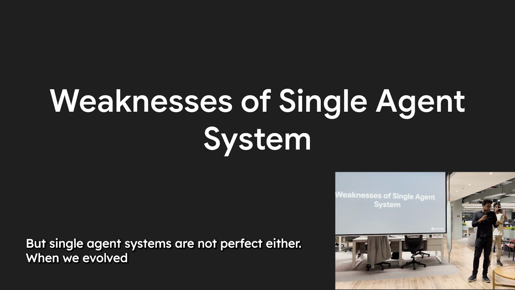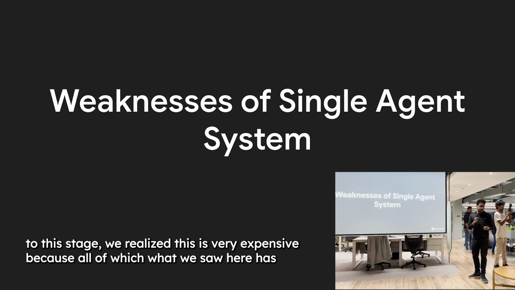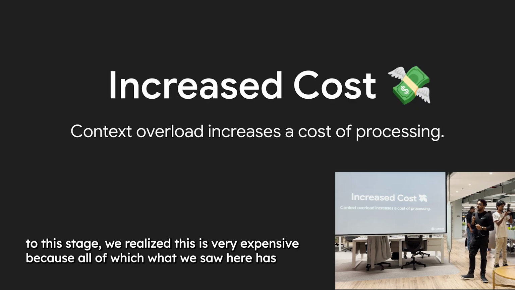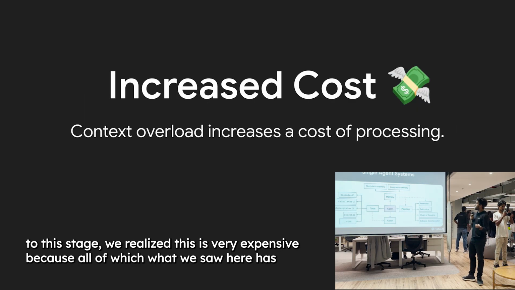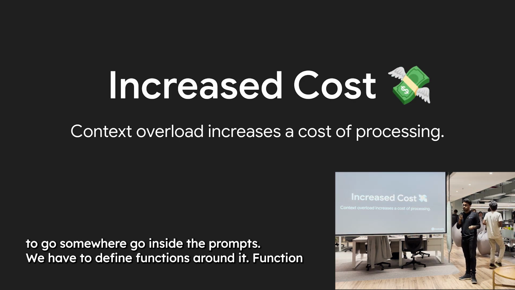But single agent systems are not perfect either. When we evolved to this stage, we realized, okay, this is very expensive, because all of what we saw here has to go inside the prompts. We have to define functions around it.